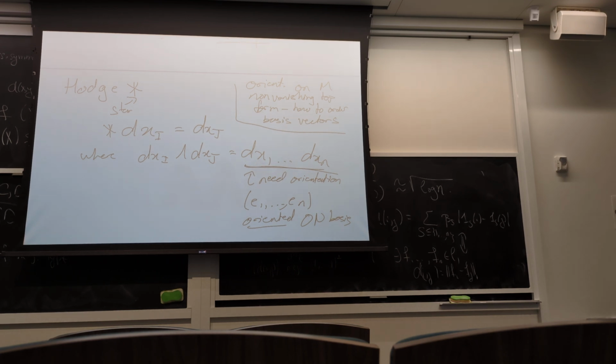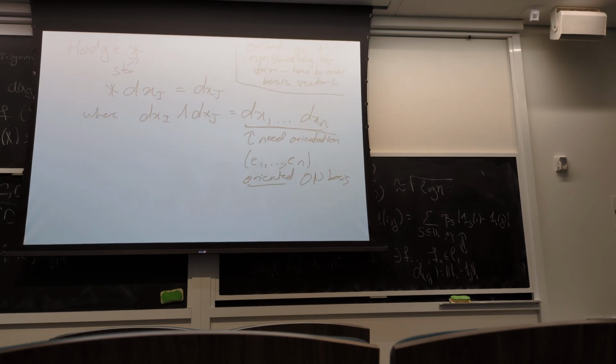So the question here is practice. Let's say that we're working in R3. And so what is the star of dx1? Let's say that our orientation is dx1, dx2, dx3.